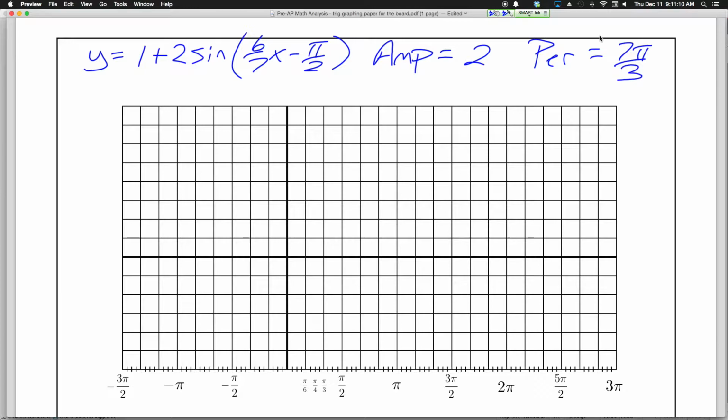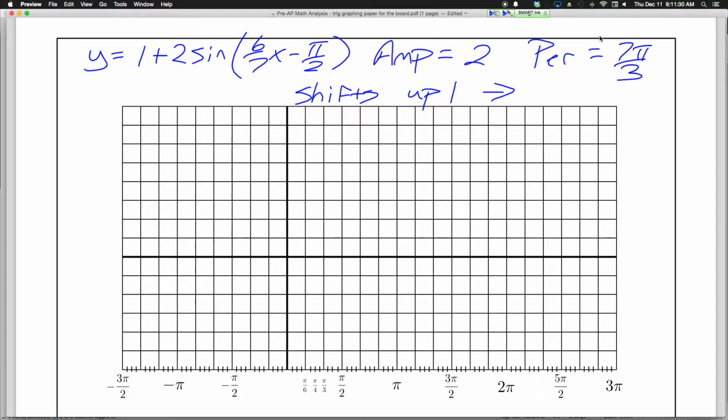Any questions on where the 7 pi over 3 came from? All right, shifts. Up 1. Pi over 2. And then we need to go right. How much?